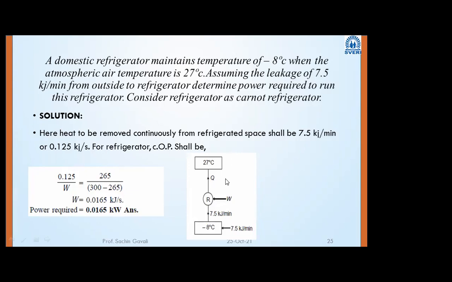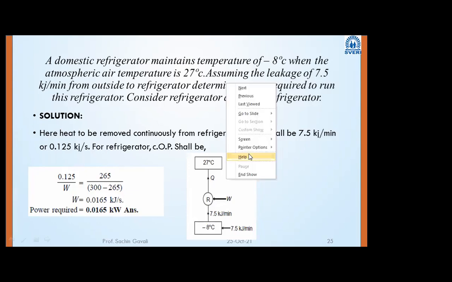Now if we give the nomenclature, what will be there? It will be T1.